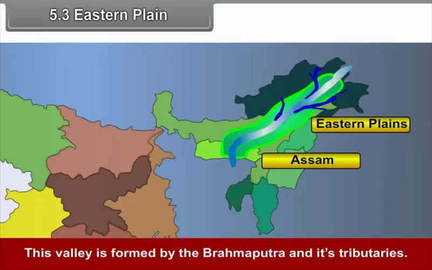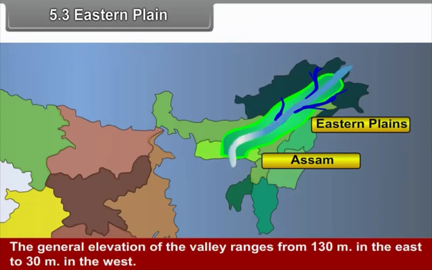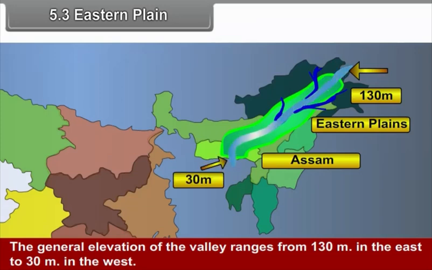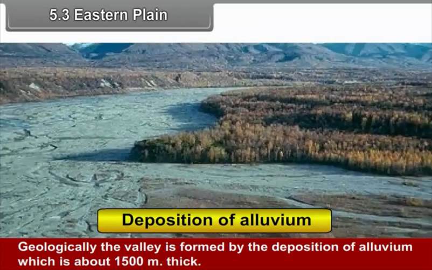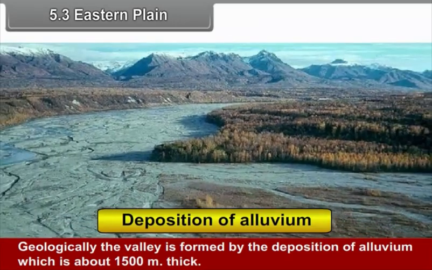This valley is formed by the Brahmaputra and its tributaries. The general elevation of the valley ranges from 130 meters in the east to 30 meters in the west. Geologically, the valley is formed by the deposition of alluvium, which is about 1,500 meters thick.